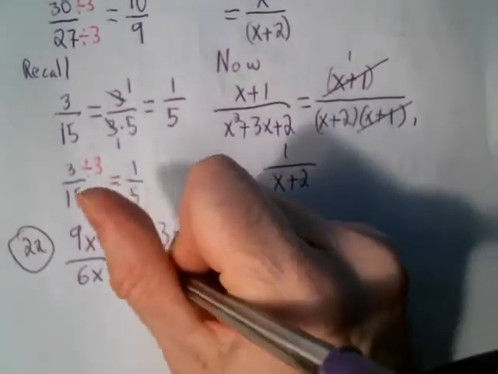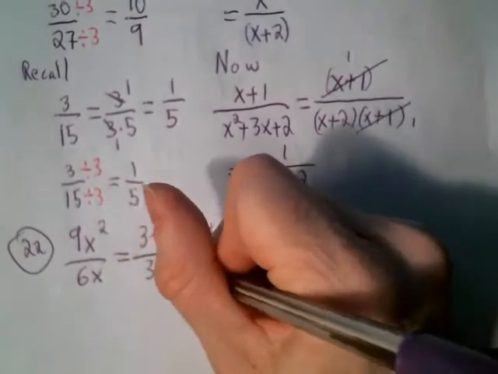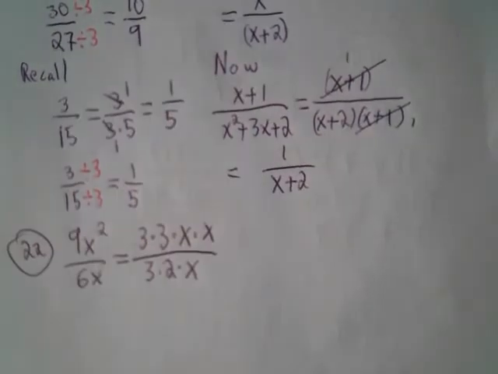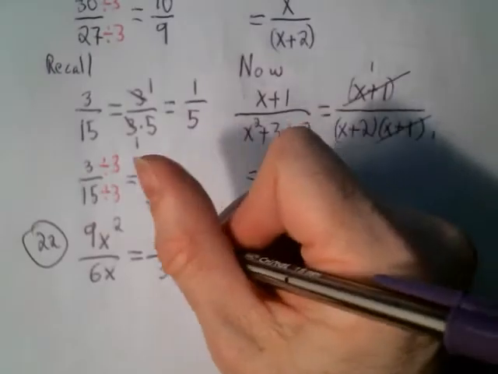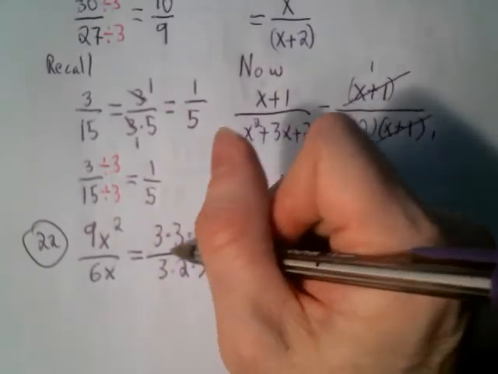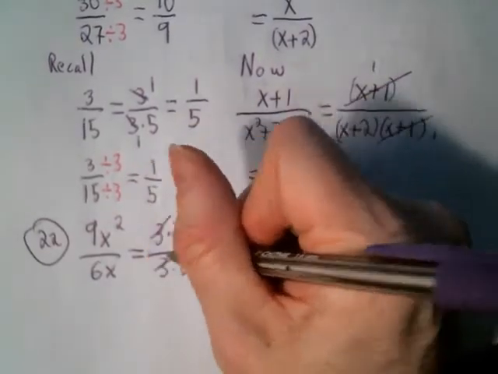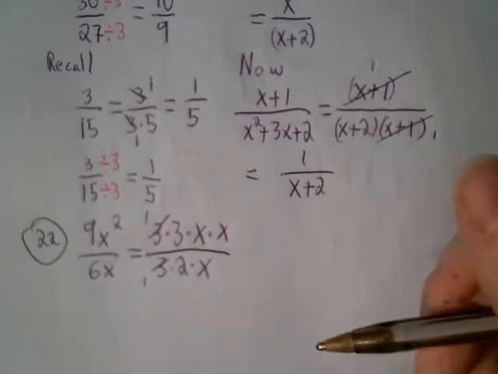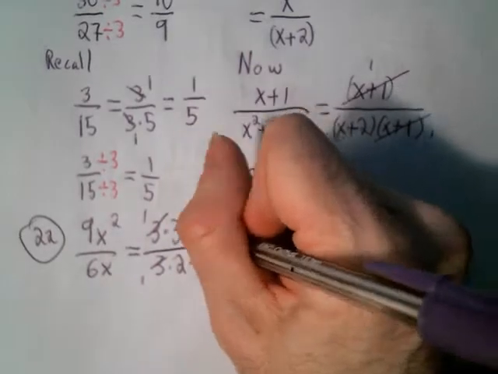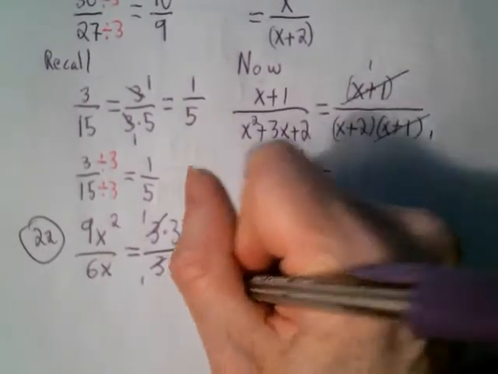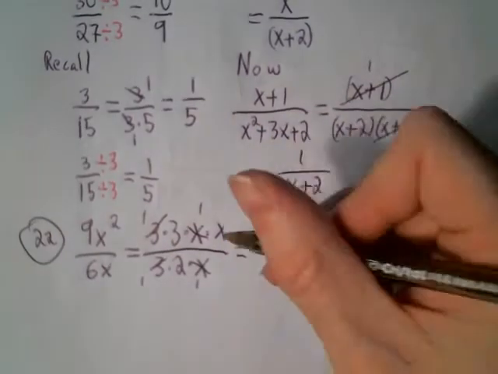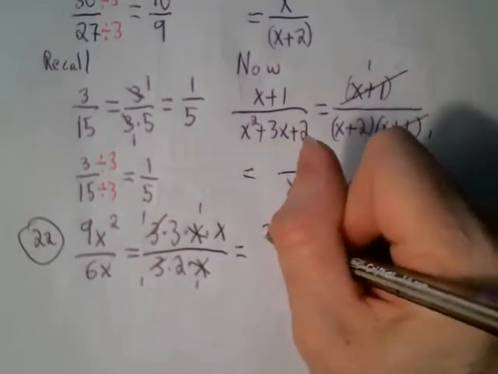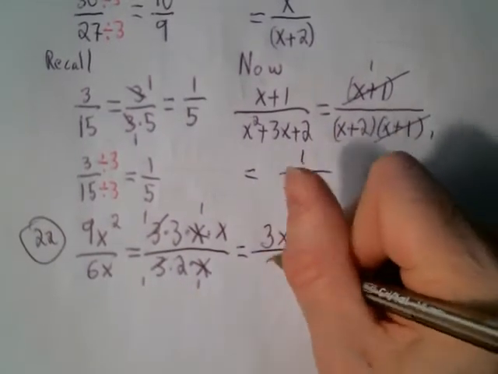And then downstairs, I have 3 times 2, and then just times x. Okay. So you remove common factors. So you're always going with pairs. There's a 3 here and a 3 here, right? So I can remove those. 3 over 3 is the same as 1 over 1. There's an x here and an x here. It's the same as 1 over 1. And then we have 3 times x in the numerator. In the denominator, we just have 2.